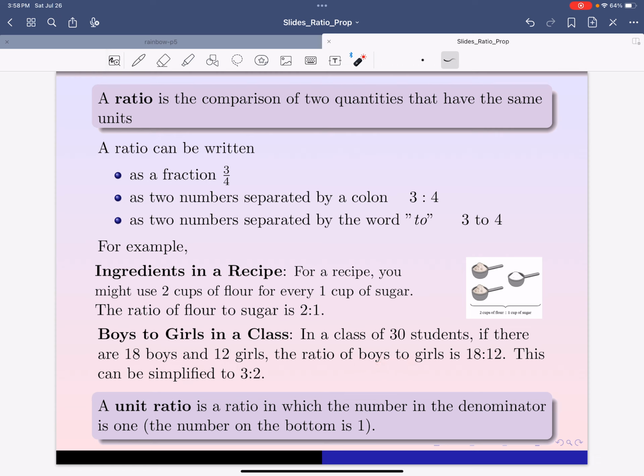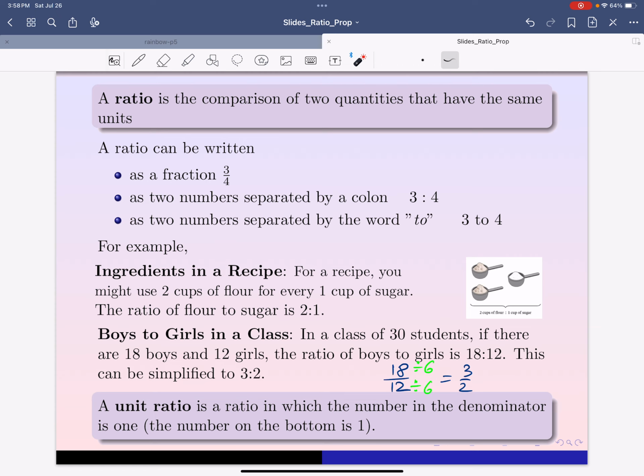We can write this as a fraction, 18/12, and this can be simplified if we divide both by 6. So this simplifies to 3/2. So the ratio of boys to girls can be 18:12, or it's equivalent to 3:2.